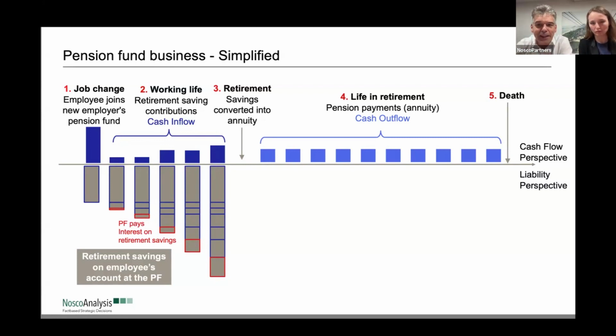Usually this is variable interest that depends on how good the investment income of the fund was. Then at the time when the employee retires, this money gets converted into an annuity, and at that point the pension fund becomes the owner of this capital, but then they have an irrevocable commitment, of course, to make these pension payments. Once the pension payments are announced, they are inflation adjusted but fixed.